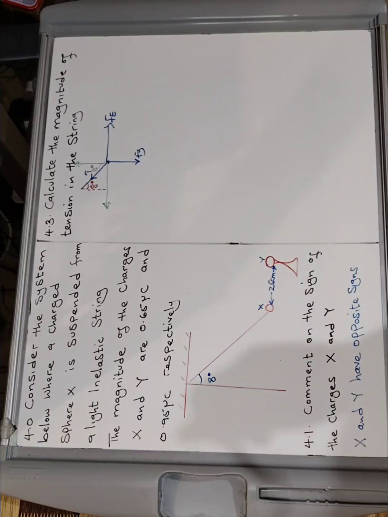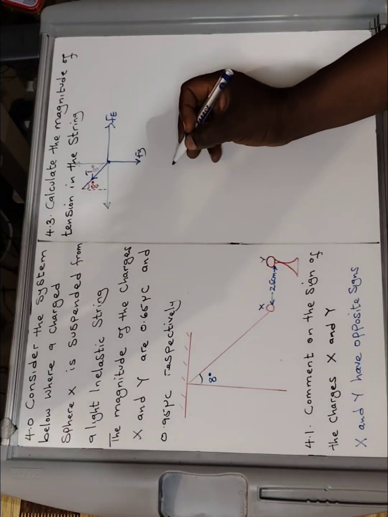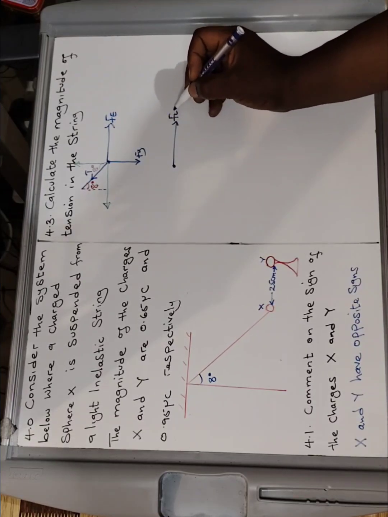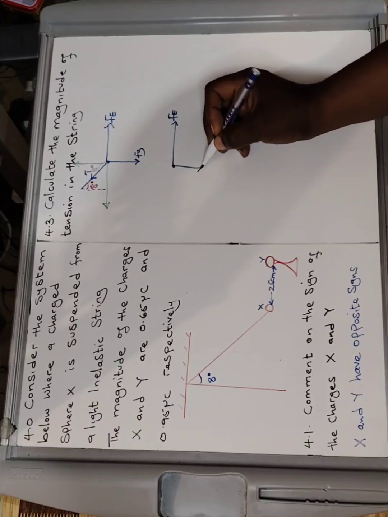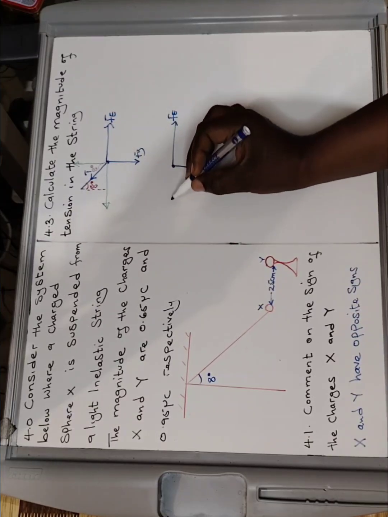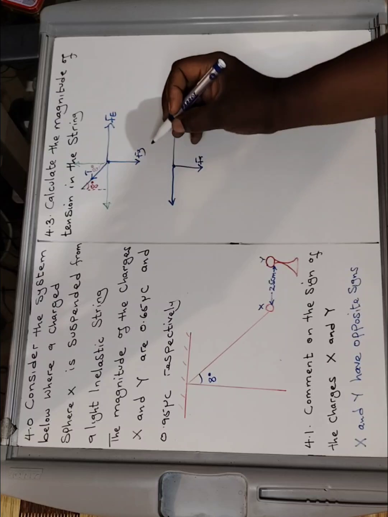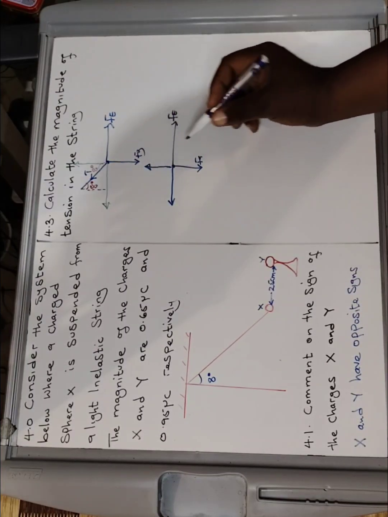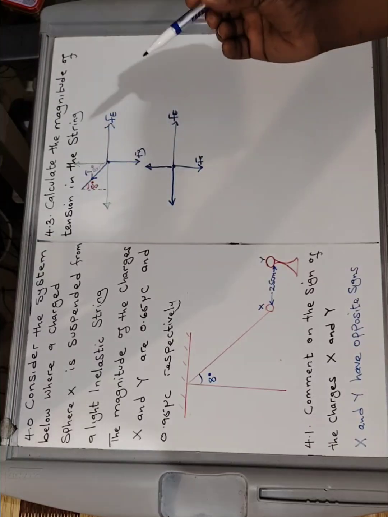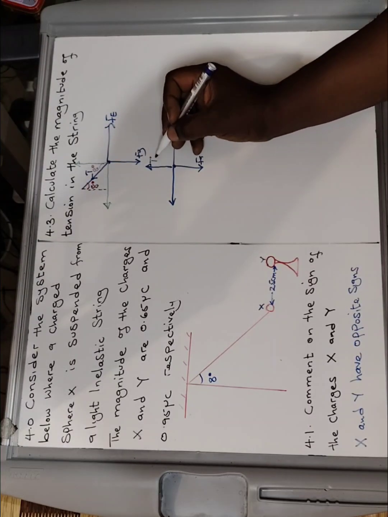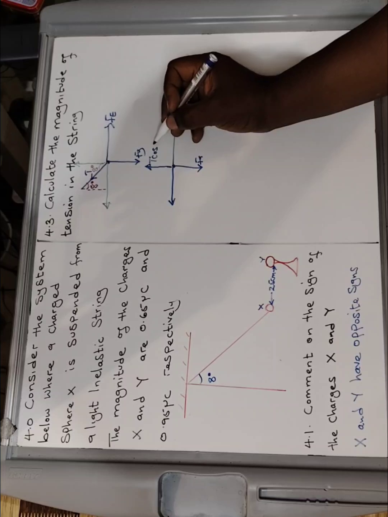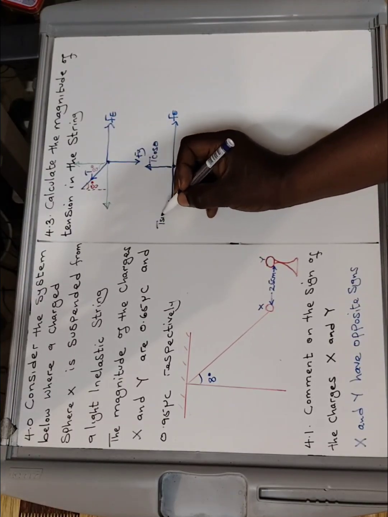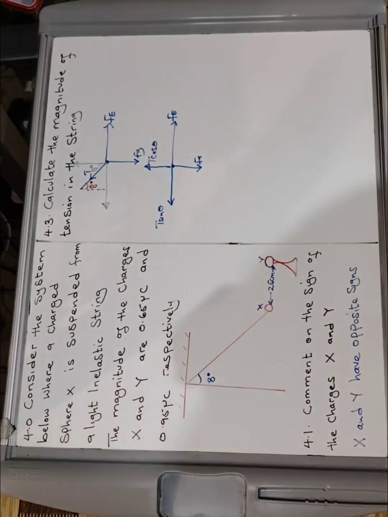So if we redraw, this is what we are going to get. We are going to get our electrostatic force this side. We are going to have our Fg downwards. We are going to have this component, and this component upwards. But you have to remember that the component next to the angle is a cos. So you're going to have T cos theta. And this one is T sine theta.